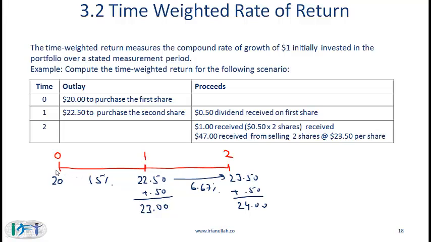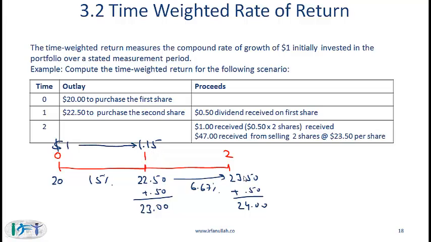This means that we have received a return of 15%. So 20 essentially becomes 23, so the return is 15%. $1 invested over here has now effectively become $0.15 at the end of one period.